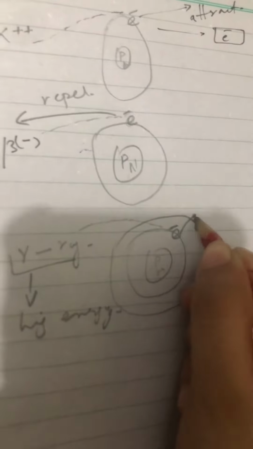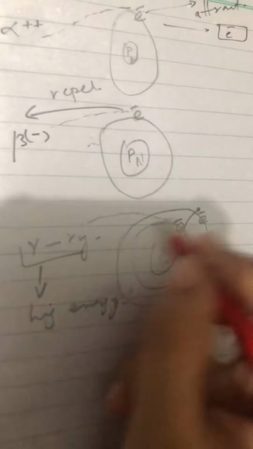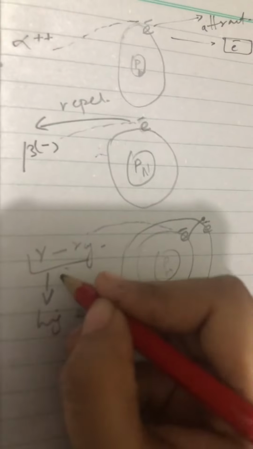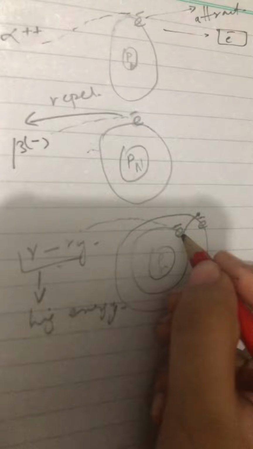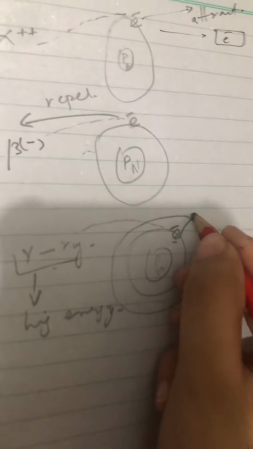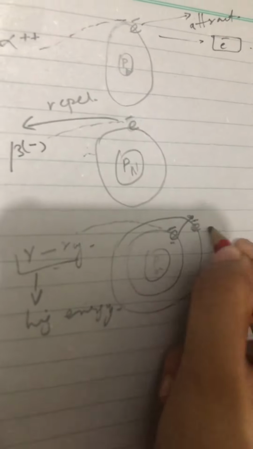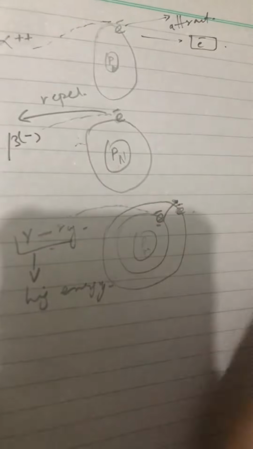We also studied before that when an electron absorbs energy, it jumps towards the upper shell. So that was radioactivity.